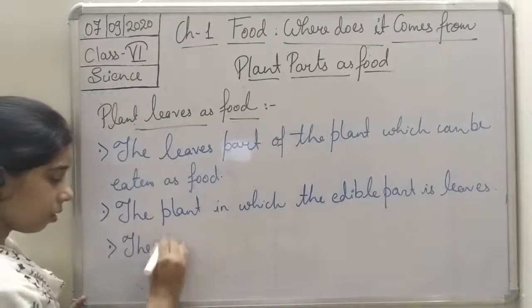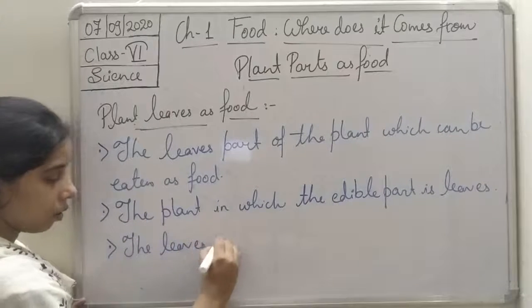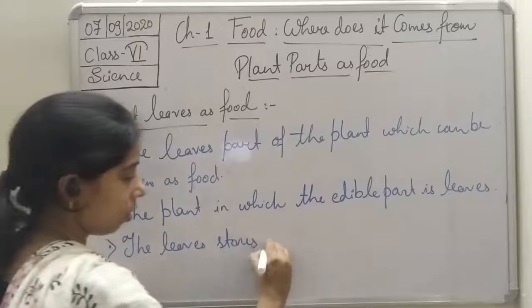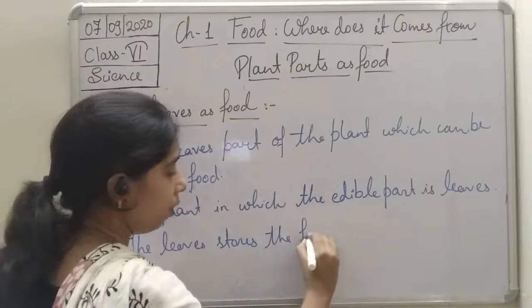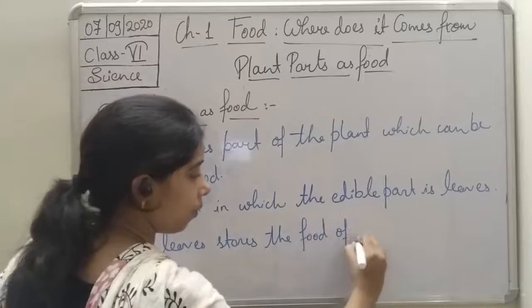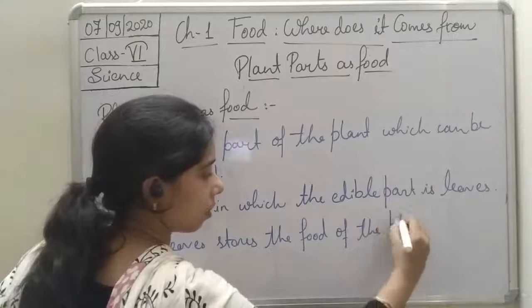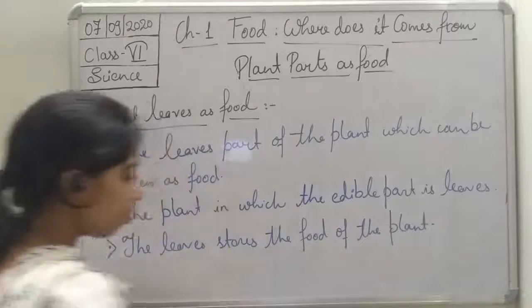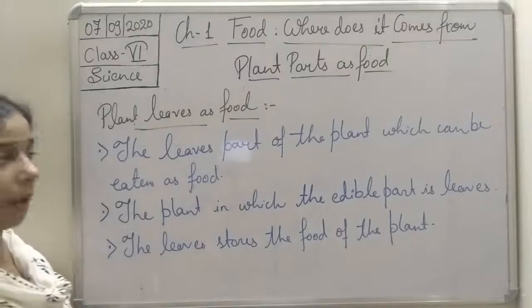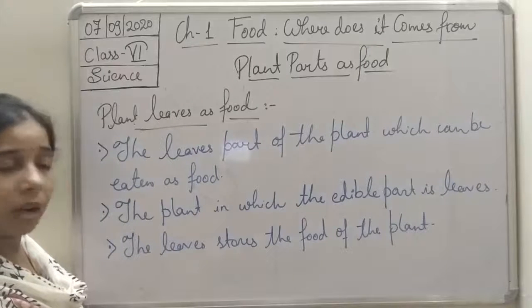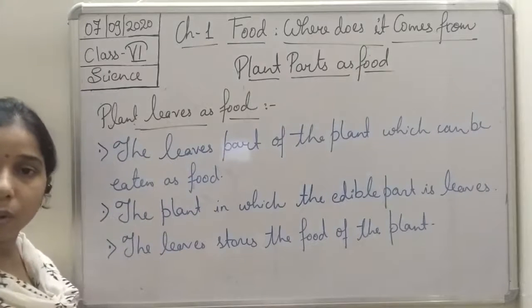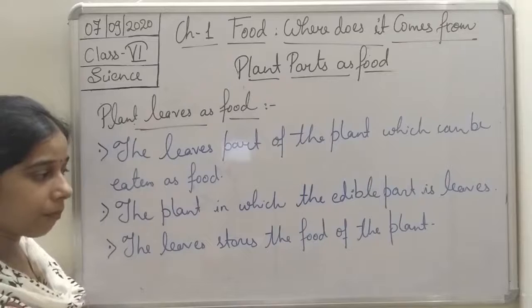or we can say that the leaves store the food of the plant. Okay, so leaves store the food of the plant. So leaves are the edible part of such a kind of plant.